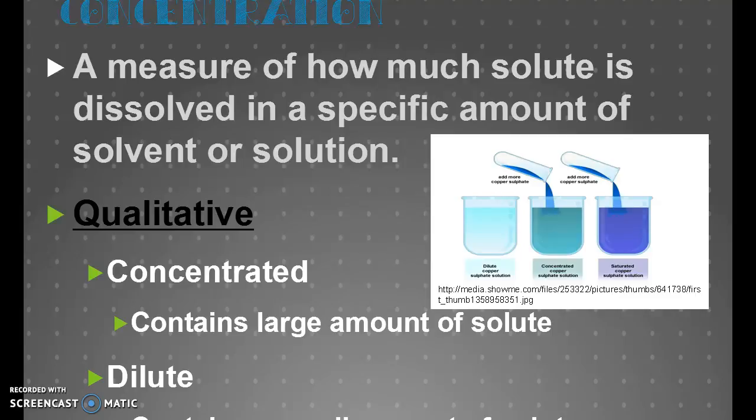It may be that there's a visual difference in the color as something becomes more concentrated, and also the way that it appears. So one thing that you might look at is the viscosity of something, which is how thick the flow of an item is. So a concentrated solution contains large amounts of solute, where a dilute solution contains smaller amounts of solute.